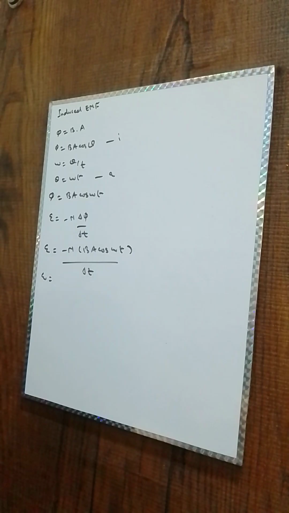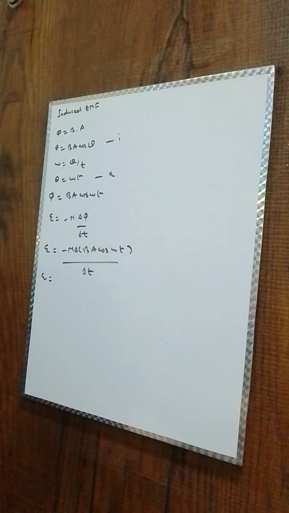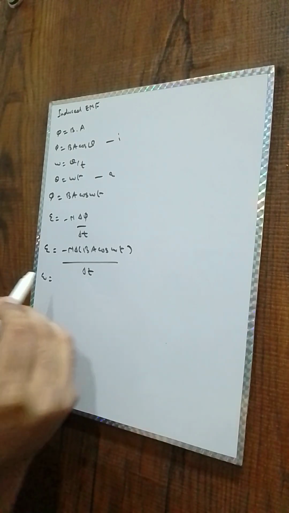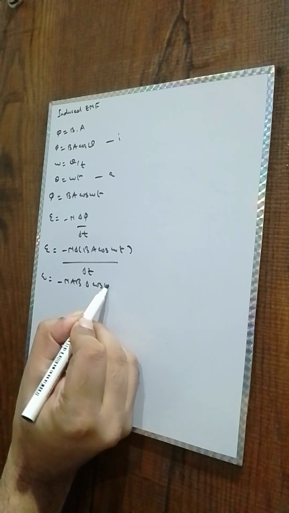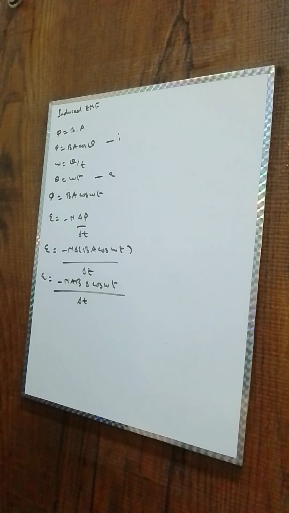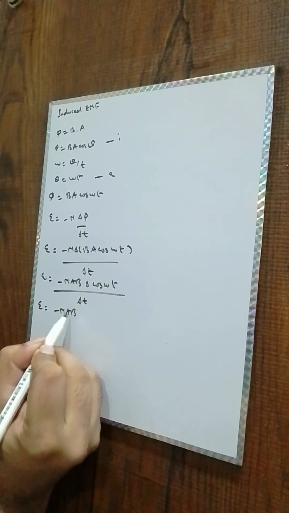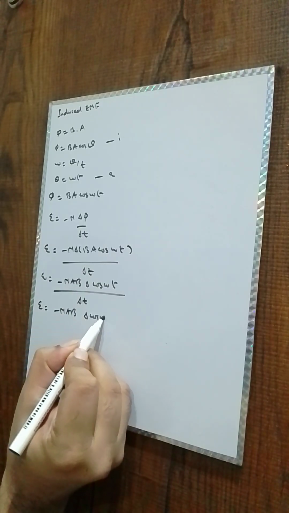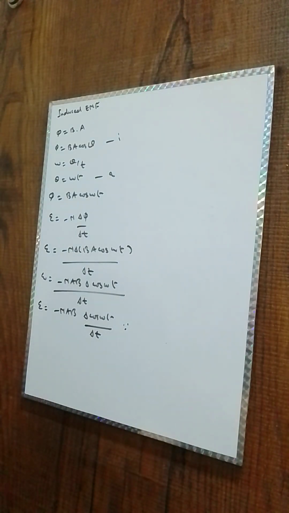So E is equal to minus N A B delta cos omega t by delta t.